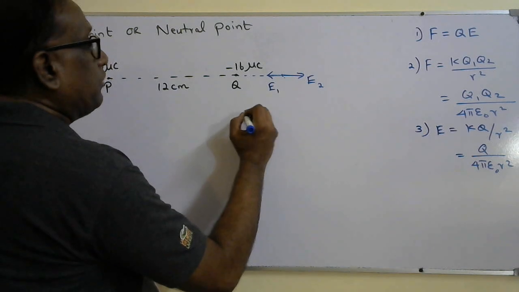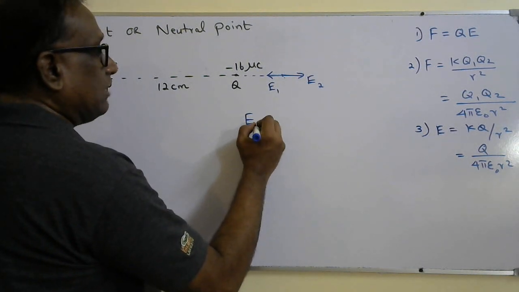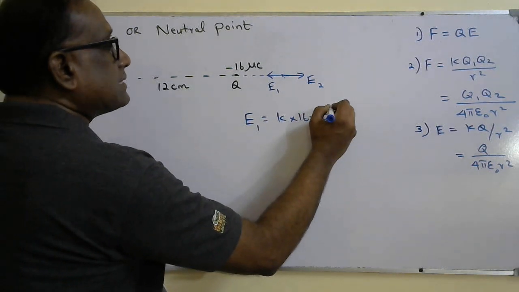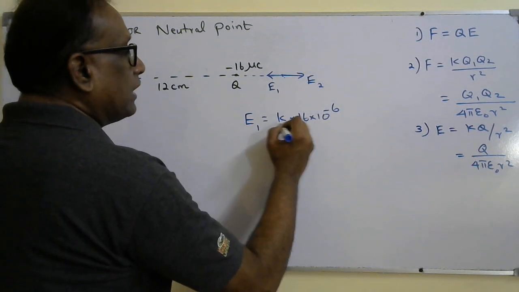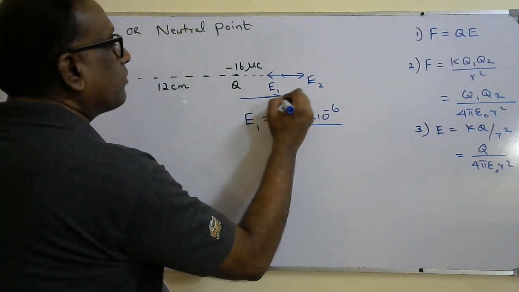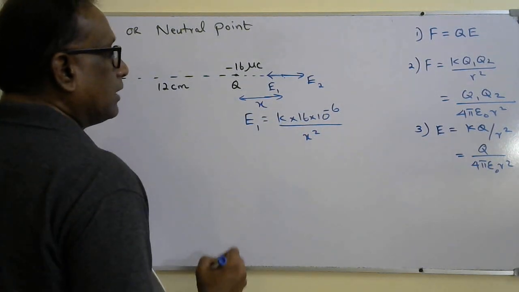We'll see. E1 is due to negative 16 microcoulomb. So E1 is going to be K into 16 into 10 to the power minus 6 over distance squared. If I say the distance of the null point from Q is x, it's going to be x squared.